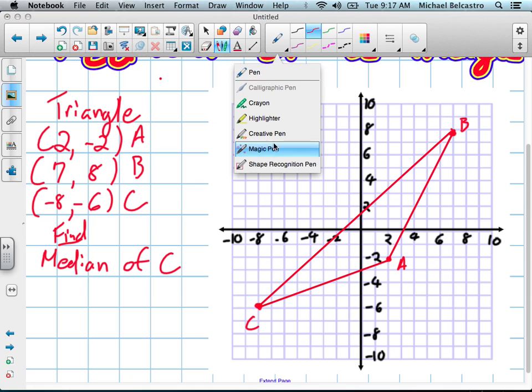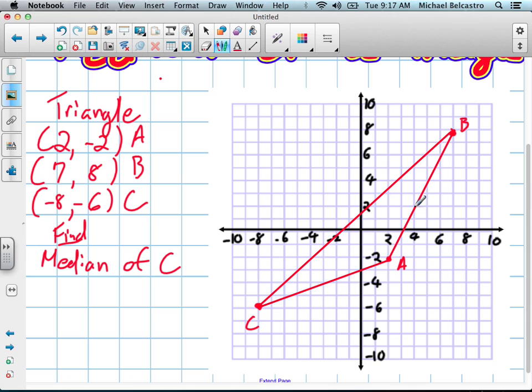We're looking for the midpoint of the line opposite of C. So which line is opposite of C? AB. And then we need to find the midpoint of that line to finally create a median in this triangle.